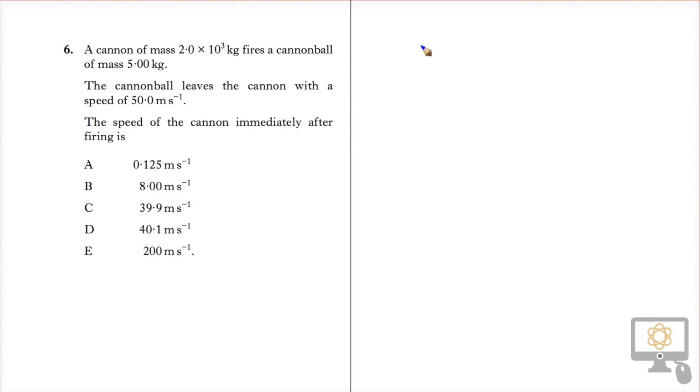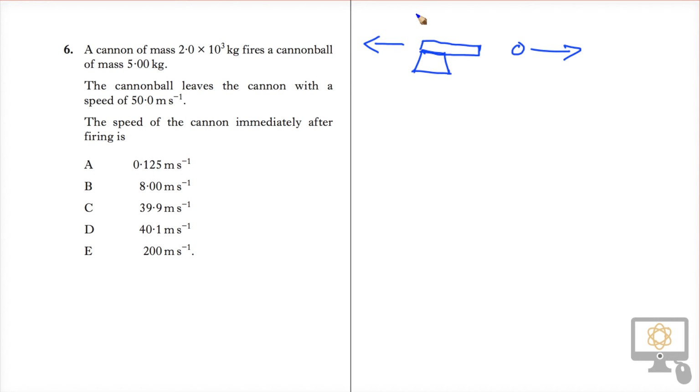So the first thing I'm going to attempt to draw is probably a very bad drawing of a cannon, because I always find it's much more helpful if we draw a picture of what's going on. So there's our cannon, and there is the cannonball, and the cannonball is leaving the cannon in that direction, and the cannon itself will experience a force and move back in the opposite direction.